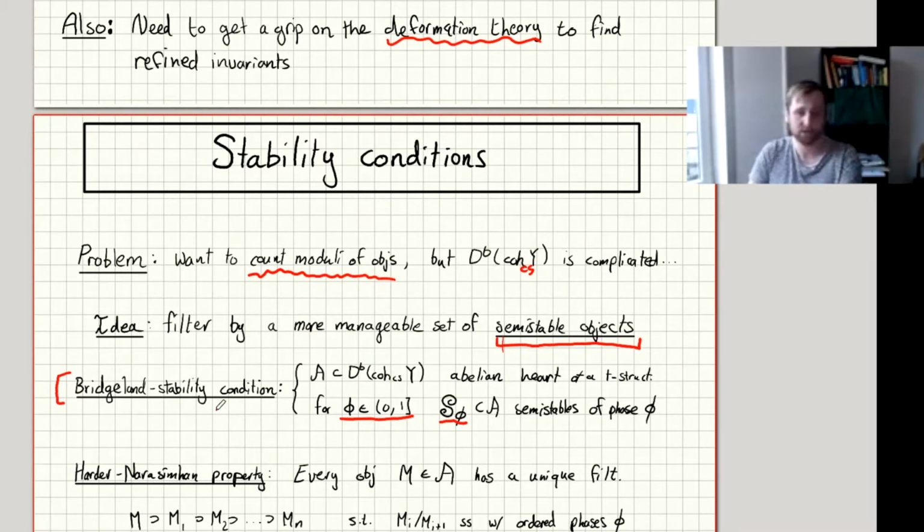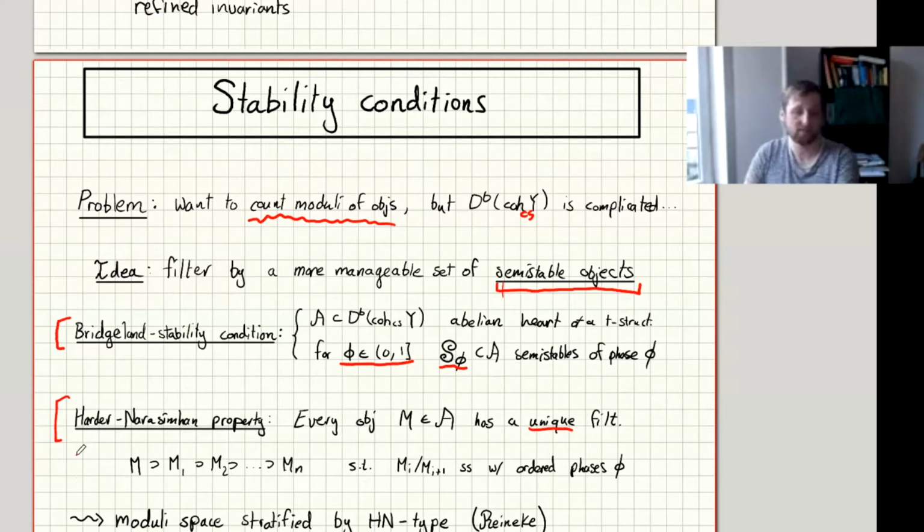Right, and then we ask that this data, these hearts and these semistable objects, satisfy the Harder-Narasimhan property. So every object in this heart should have a unique filtration with subquotients given by semistable objects, and the phases of these semistable objects should be ordered according to the standard order on the interval.